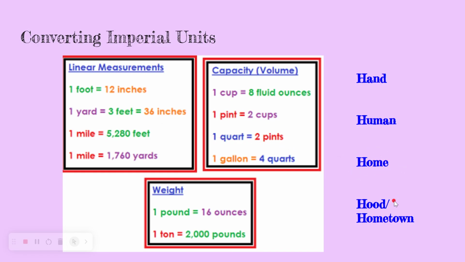And then if you have something in your hood, neighborhood, hometown, whatever word you choose to use, you're probably going to be using miles, right? So I think that's a helpful little naming convention. If it helps you, use it. If not, don't. But that's just something that helps me keep track of when I should use inches, feet, yards, or miles.